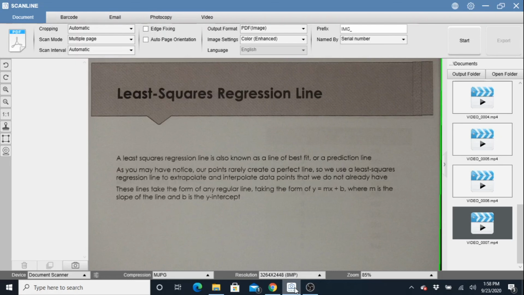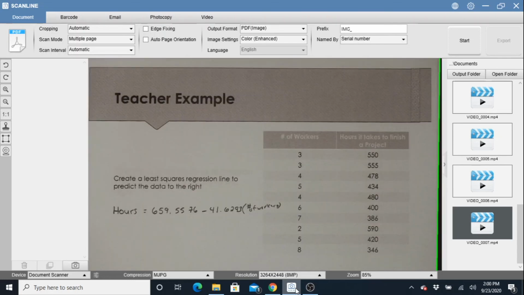I will mention this, and I don't know why, but StatCrunch does not put the line in as you would normally see it. So in most math classes, you would see y equals mx plus b.